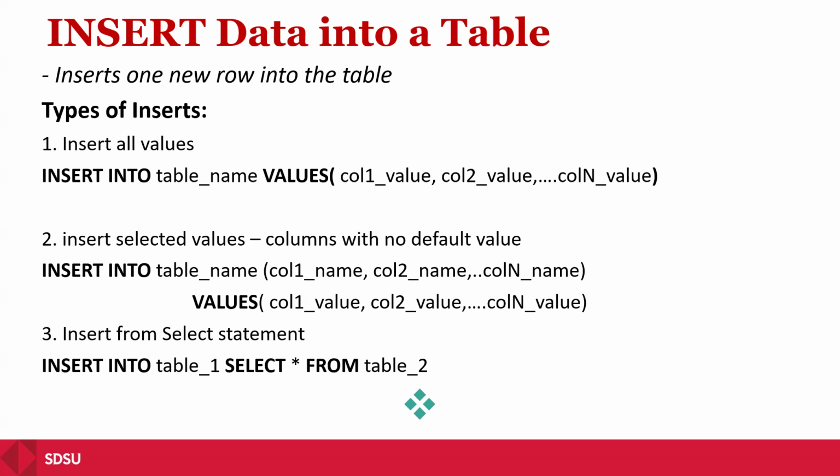Sometimes people create one table, and they don't want this table anymore, so they need to rename it. Renaming a table is somewhat tricky in SQLite, so the easiest way is to get all the data from the old table and put it in a new table. So that would be insert into table one, where you select everything from a second table.